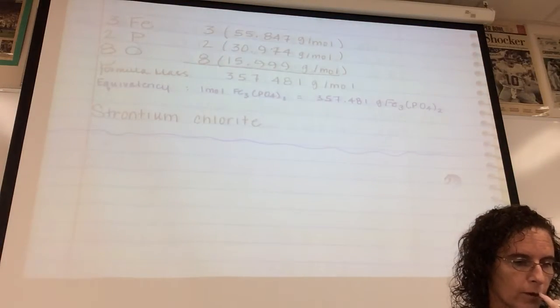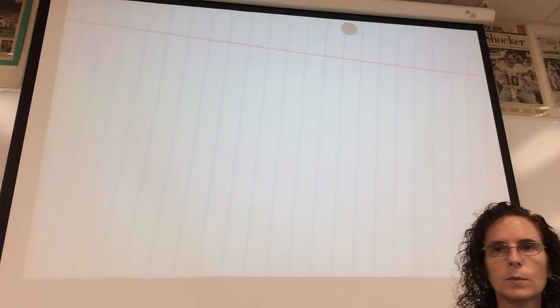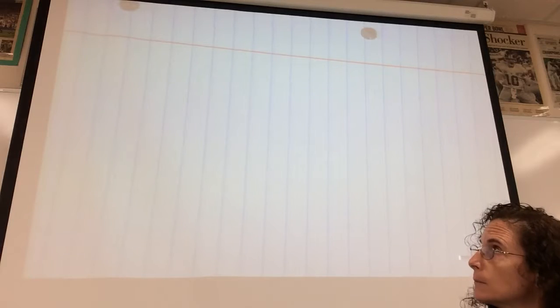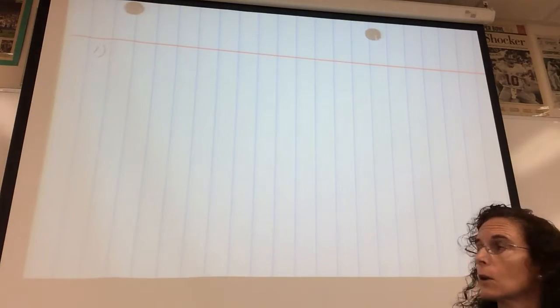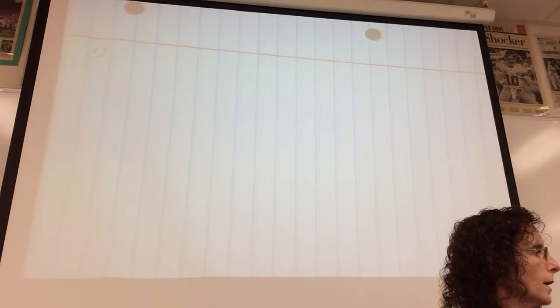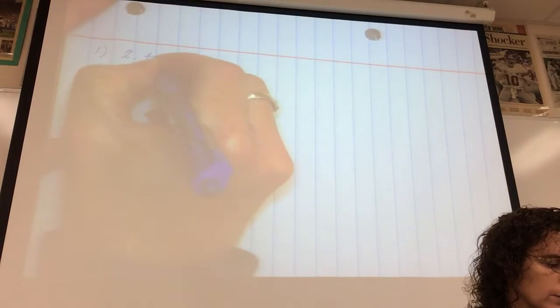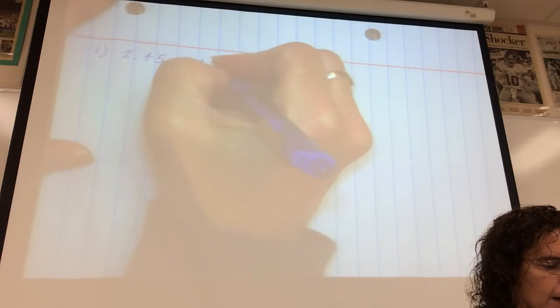So my given is 2.45. I'm going to turn my paper because some of these problems get a little bit lengthy. So this one's not too long, the first one, but then they're going to get long. So in number 1, we have 2.45 moles of lithium phosphide.